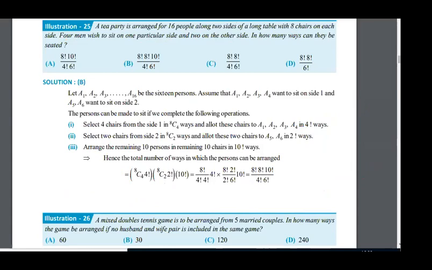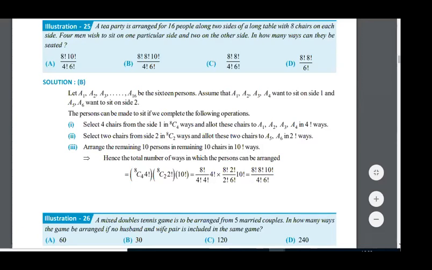Okay, now question 26. Everyone, see question 26. Okay, very good.